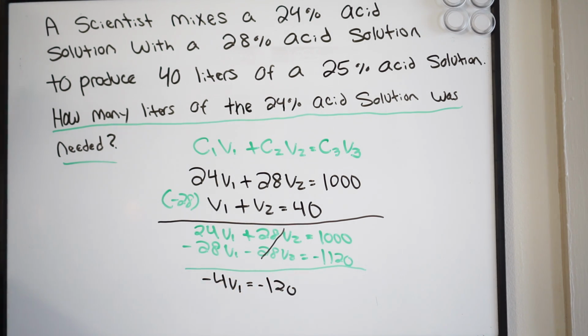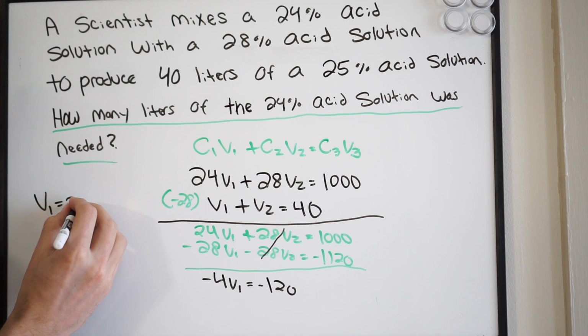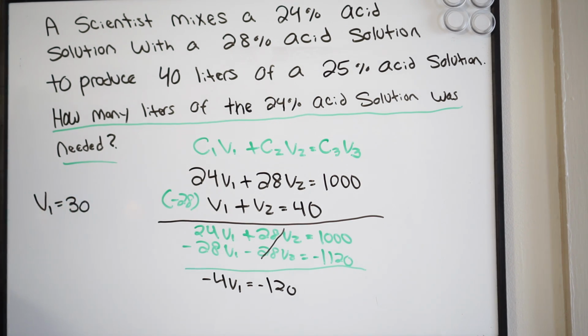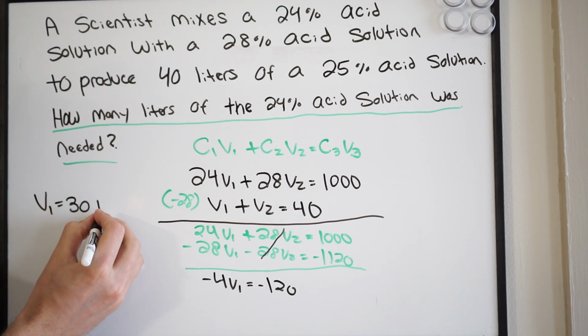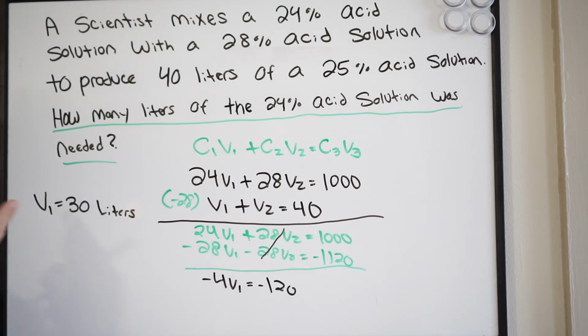Alright, last step, just divide by negative 4 now, so negative 120 divided by negative 4, well, V1 here will equal 30, and remember, this is liters, so 30 liters. And that is the answer to our problem here. How many liters of the 24% acid solution was needed? Well, it's going to be 30 liters.